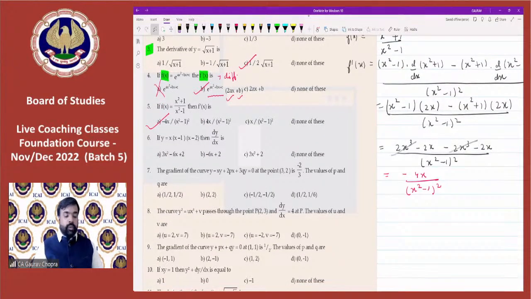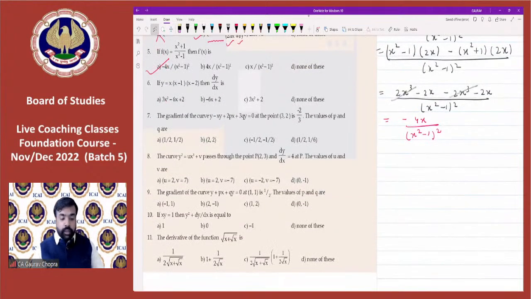Then next we can try question number 6. Now this time we are having three values getting multiplied with each other. Y equal to x, x minus 1, x minus 2. So let us solve this. Question number 6. Y equal to x multiplied by x minus 1, x minus 2.